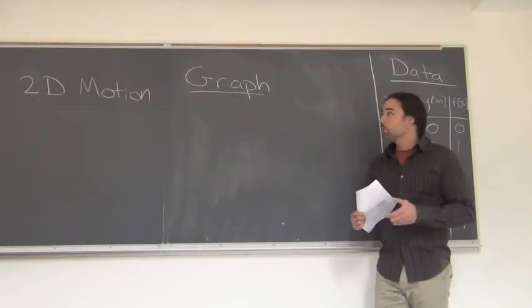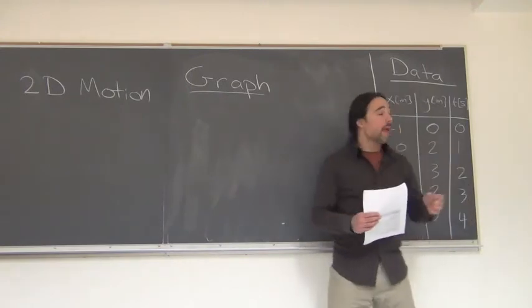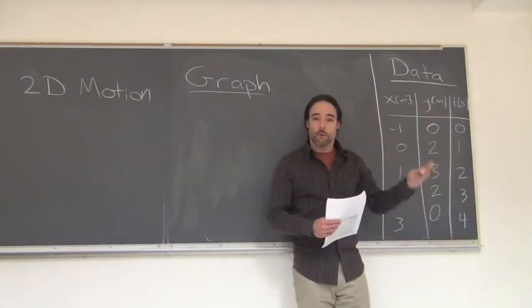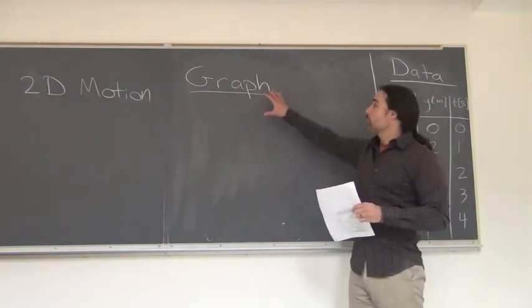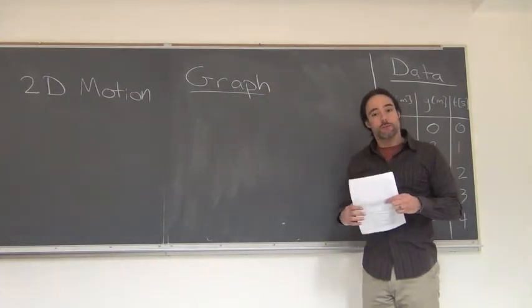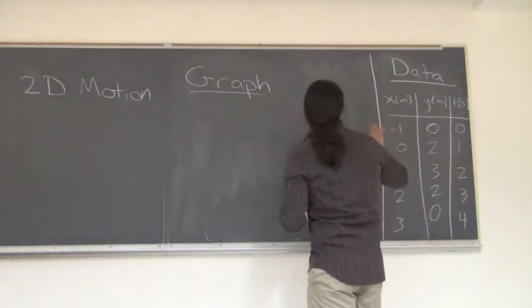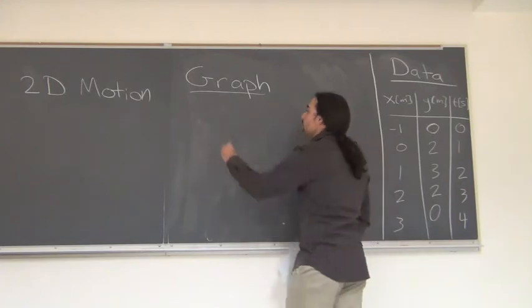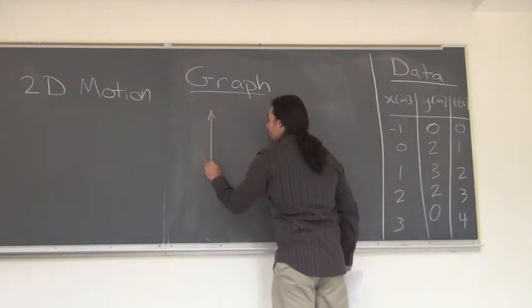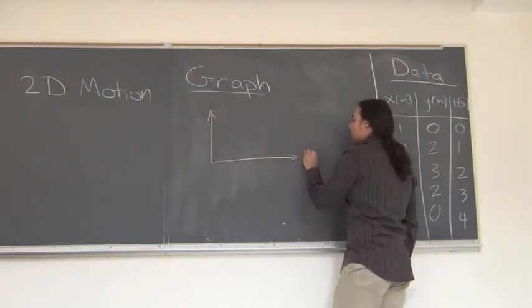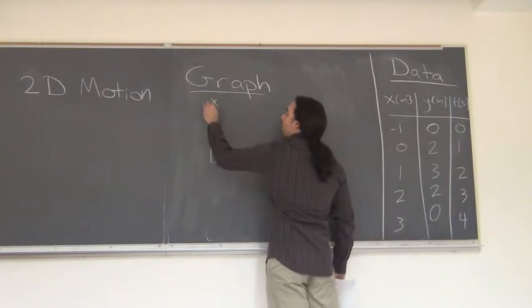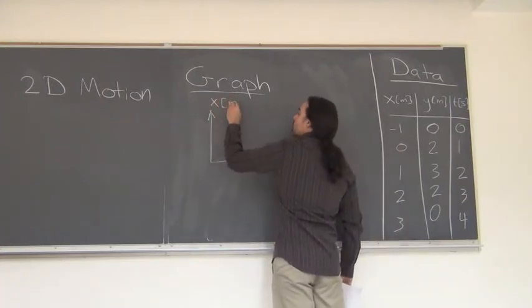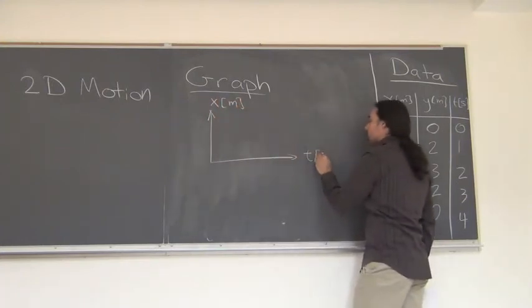Just as we could do motion diagrams and data tables in 1 or 2 dimensions, we can also make graphs in 1 or 2 dimensions. So using my data table from before, I can set up a graph that plots x versus time, x in meters, time in seconds.